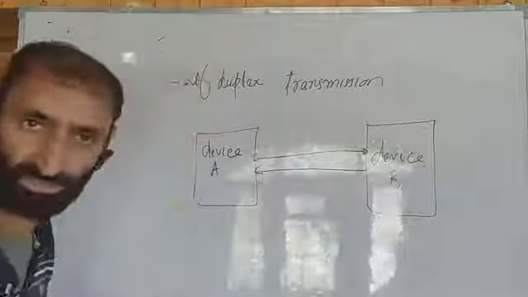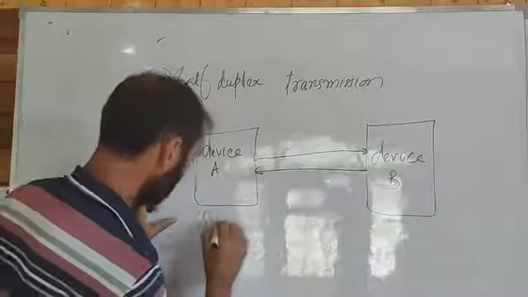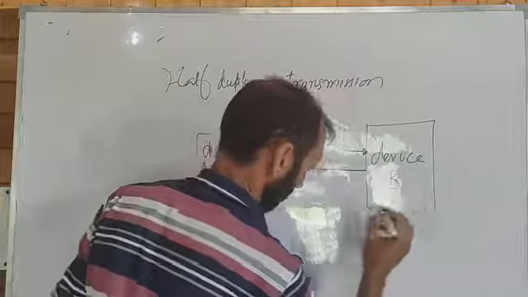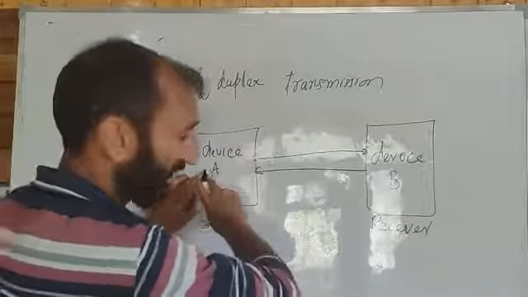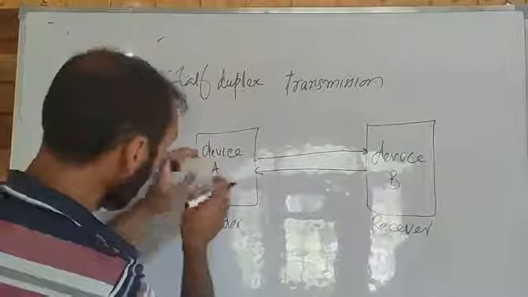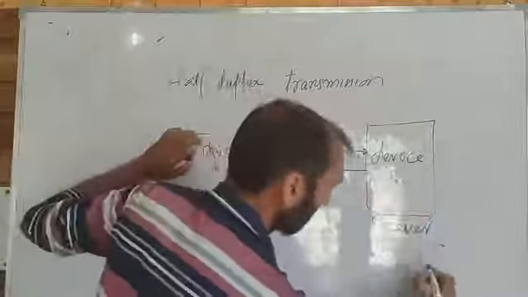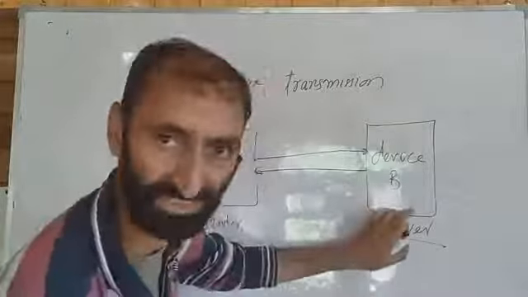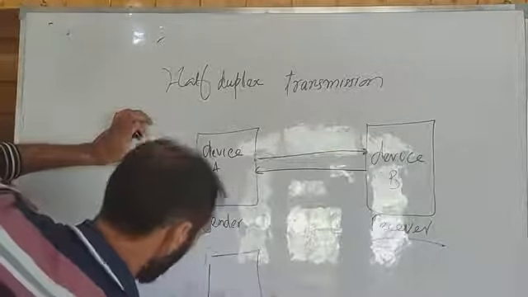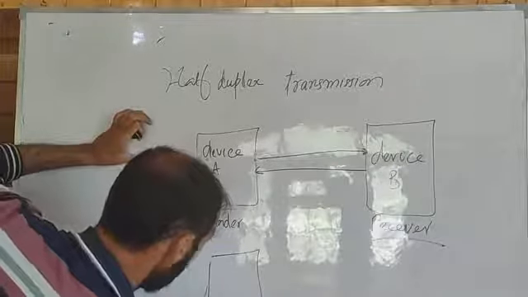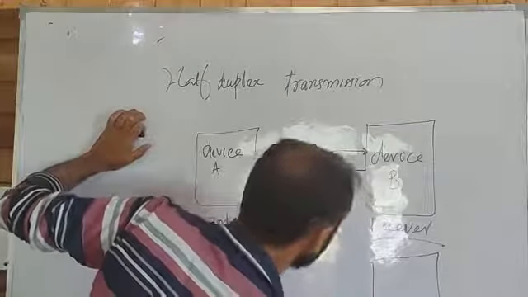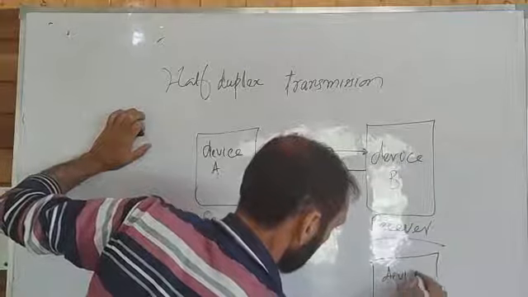Here, it's a sender, it's a receiver. Device A sends or transmits data to B. When A is transmitting as sender, B is the receiver. When B transmits, then A becomes the receiver.